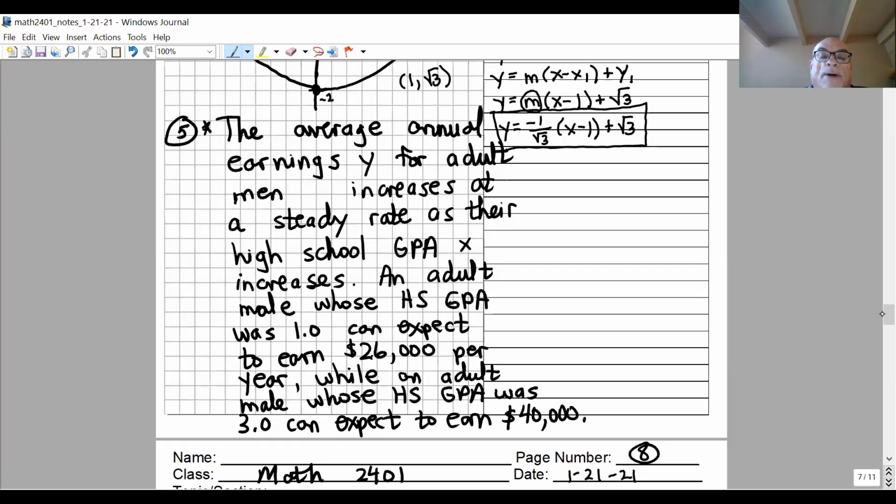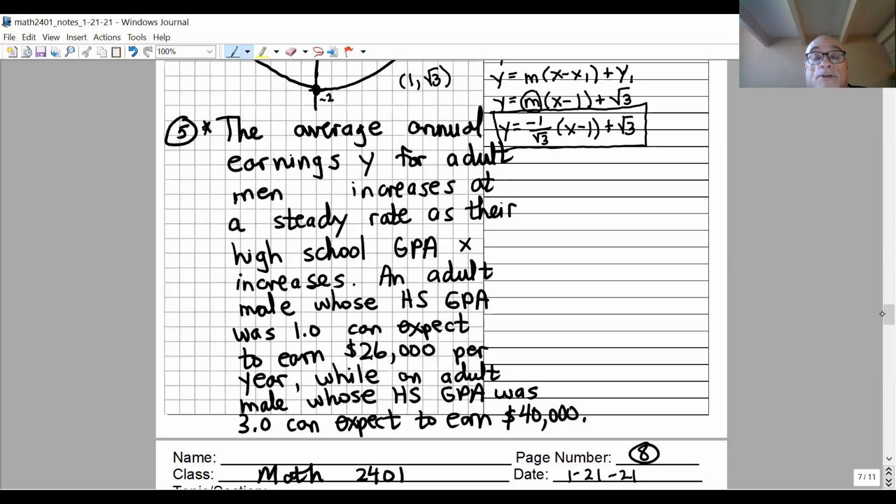But an adult male whose high school GPA was 3, a little bit better, or a lot better, can expect to earn $40,000 per year. So there's a definite correspondence there. I think this was valid data, but I don't know when it was measured.